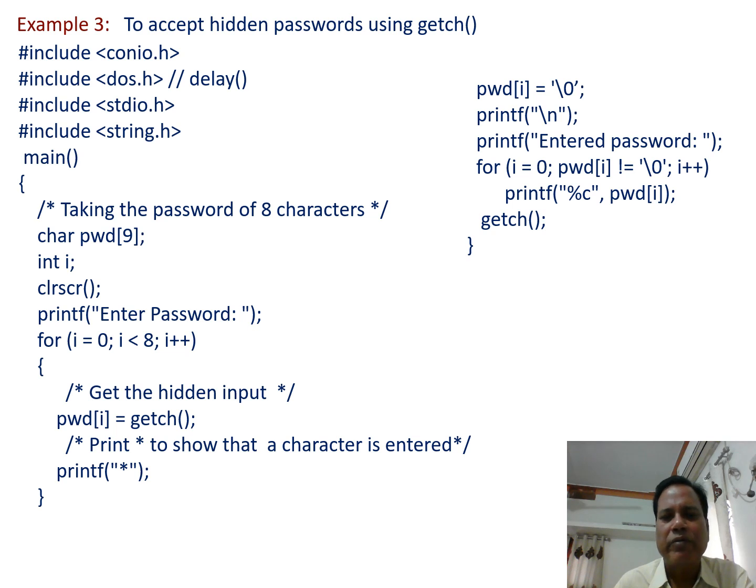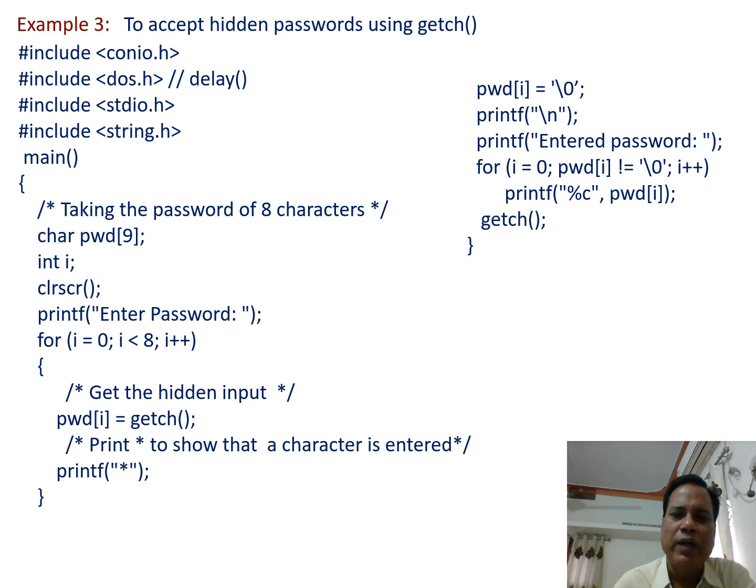So what character we are pressing is not echoed on the screen, but instead, using the next statement, we are printing the star. So this star is displayed, showing that we have entered a character. Then after the last statement of the for loop, the value of i is incremented, from 0 to 1.